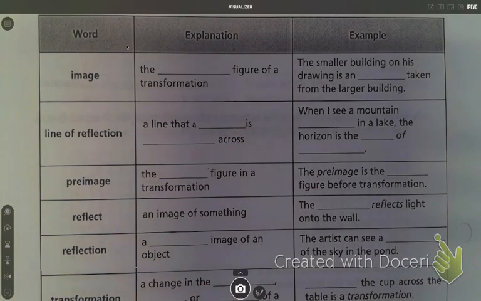Okay, so we're just going to review. Image. The blank figure of transformation. What do you think? What is the image? Is it the starting or the ending? Ending. It's the ending. So let's just use ending. Does that work?